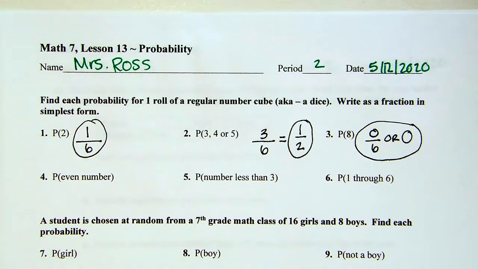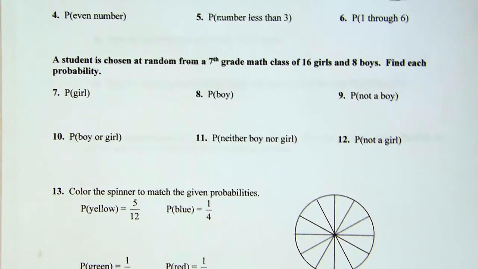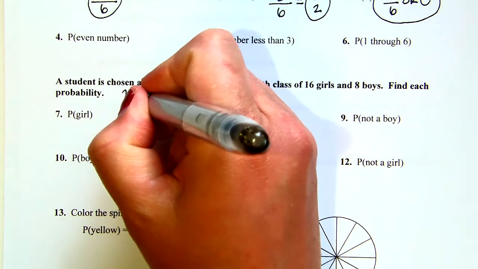All right, moving on to our next section. It says, a student is chosen at random from a 7th grade math class of 16 girls and 8 boys. Find the probability. All right. Now, here, we've got 16 girls and 8 boys in the class. That means that there are 24 total students.